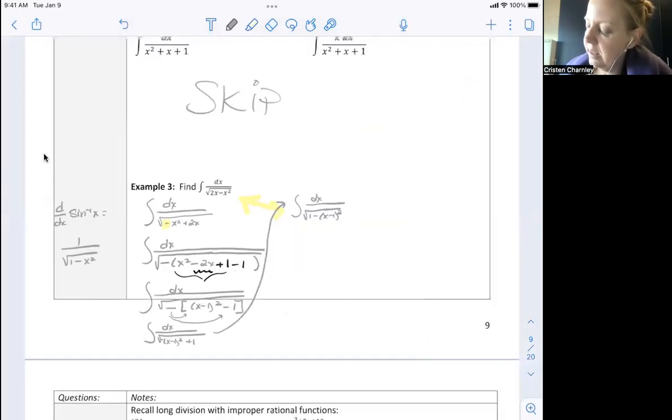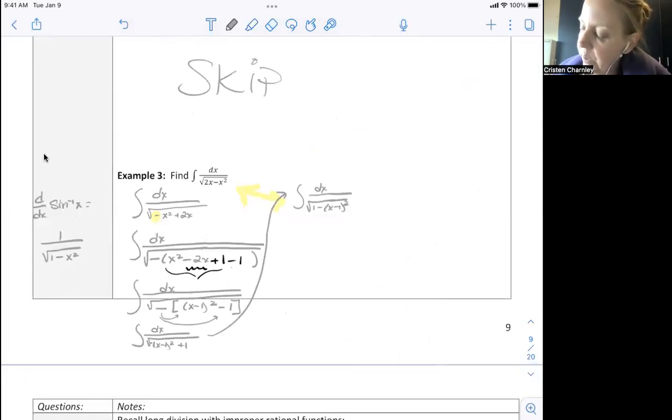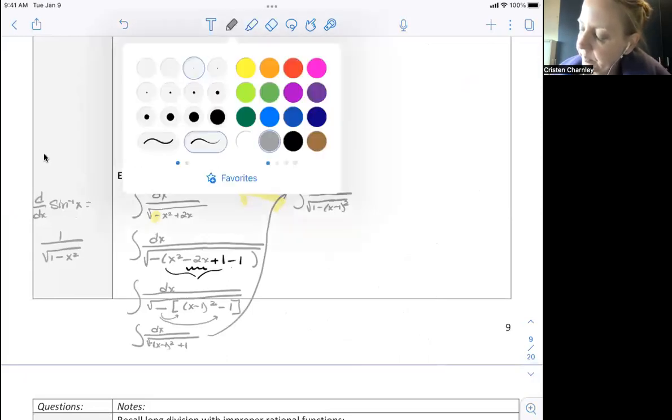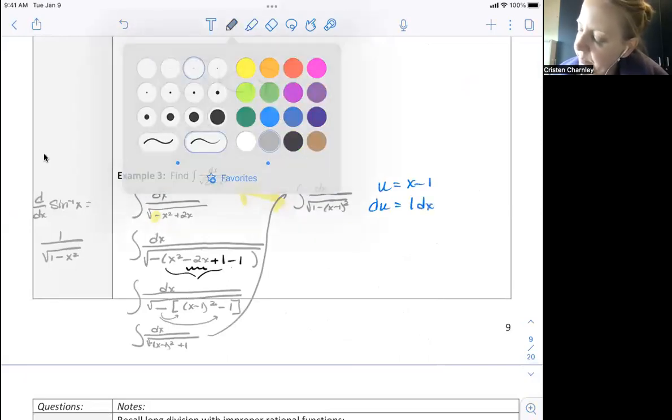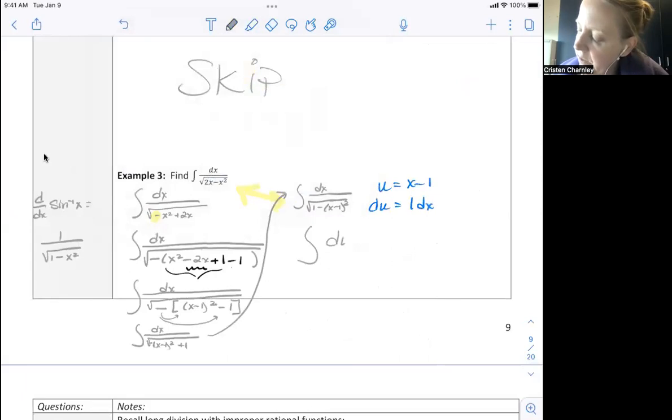And believe it or not, that's what we have. So we can say that u is equal to x minus 1, du is equal to 1 dx. So when we rewrite this, it's the integral of du over the square root of 1 minus u squared. And that's perfect for inverse sine.